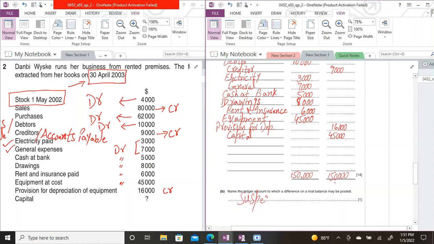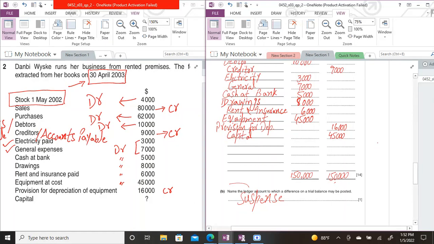So for the time being, that difference will be recorded in a suspense account. So in the trial balance, here we will write the suspense. If the difference is on the debit side, we will write it on the debit side because both sides must be equal. And if the difference is coming on the credit side, we will write the difference on the credit side. So suspense can be on either side.